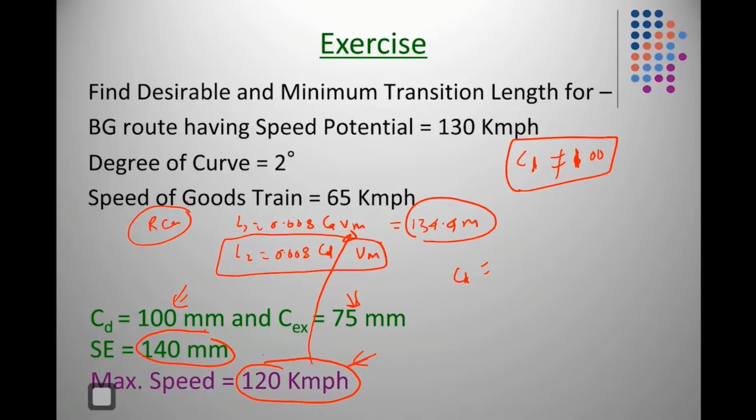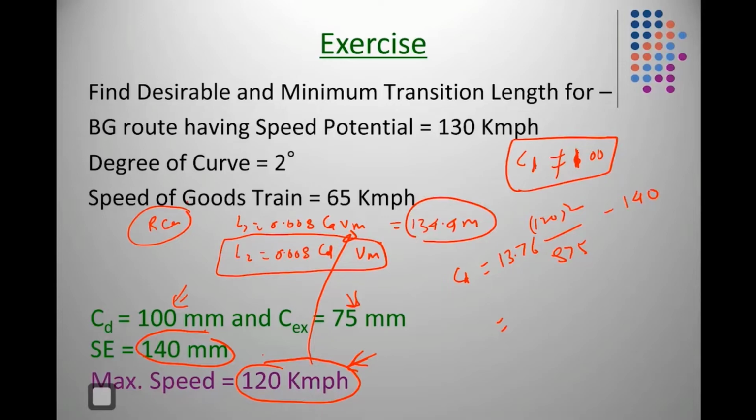मैक्सिमम स्पीड 120 परमिट कर सकते हो, तो 120 के लिए cant required is 120 square by 875 and you are providing actual cant of 140. So let us see what actual CD is coming. Cant deficiency is basically 13.76 into 120 divided by 875 minus 140.